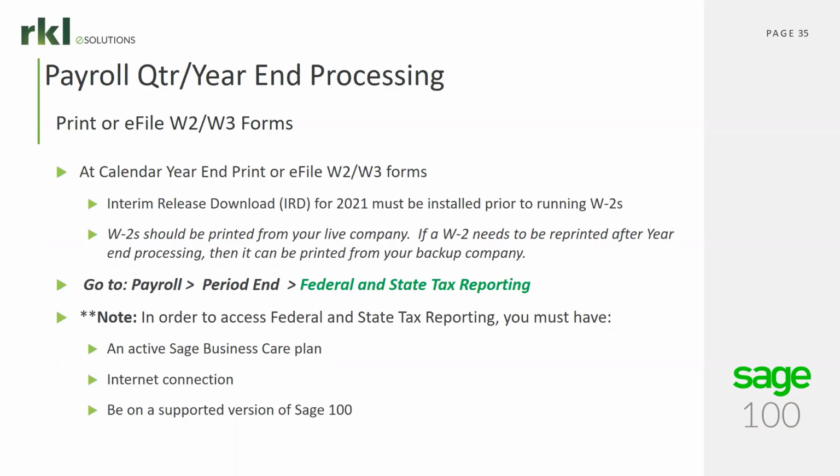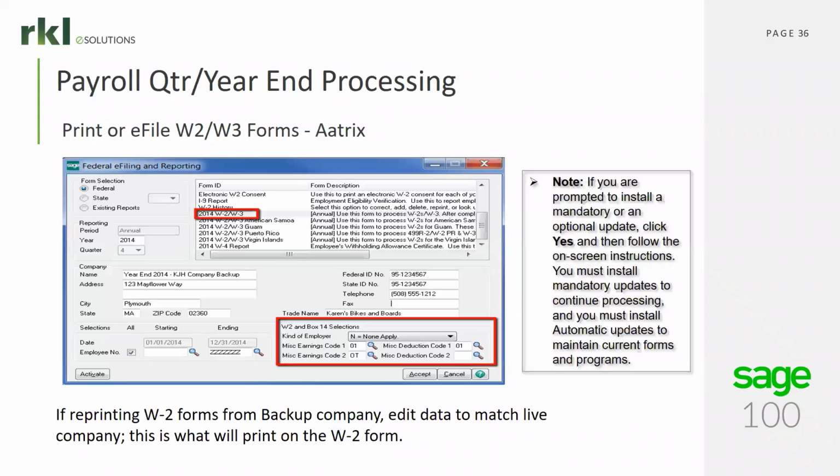In the federal and state tax reporting task, you'll see that the following requirements apply: an active Sage Business Care plan, an internet connection on the workstation, and be on the supported version of Sage 100. In your first screen, you will choose Federal, and then your W-2, W-3 forms.